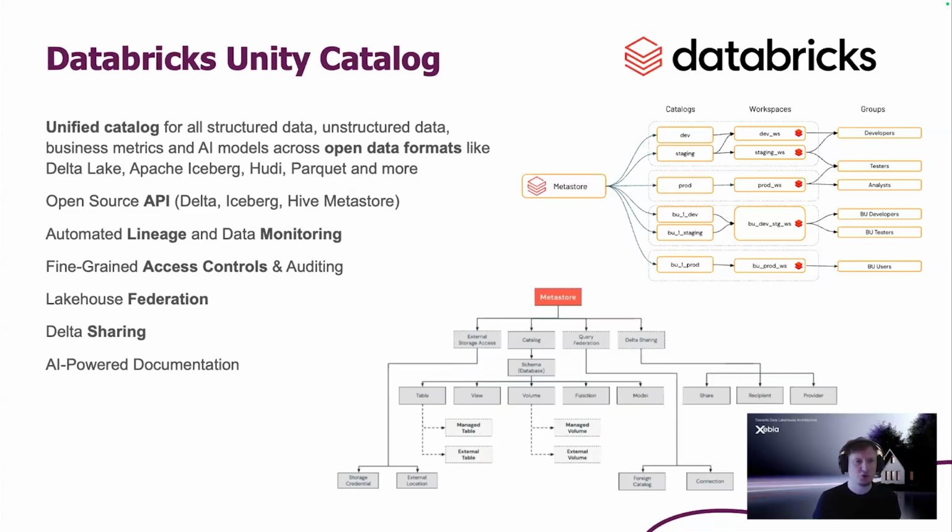Unity Catalog is used to catalog all of your data in a Databricks platform: structured data, unstructured data, business metrics, or even AI models, using open data formats. Of course, the primary data format is Delta because it was created by Databricks. But a few weeks ago, they announced that they will also be supporting managed Iceberg tables. So you can use Iceberg, you can also use external Hudi tables, Parquet, or more.